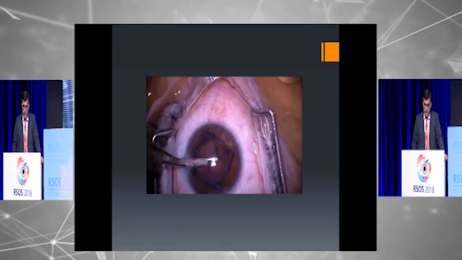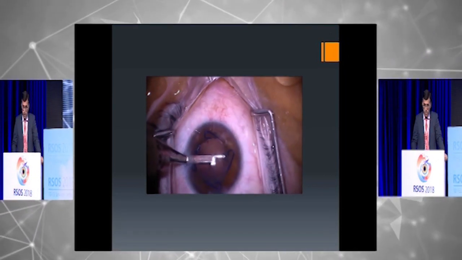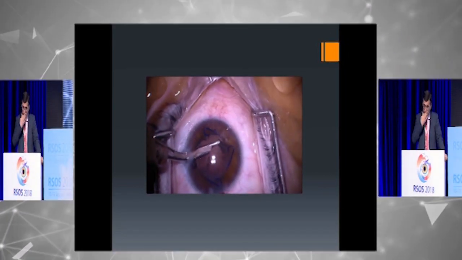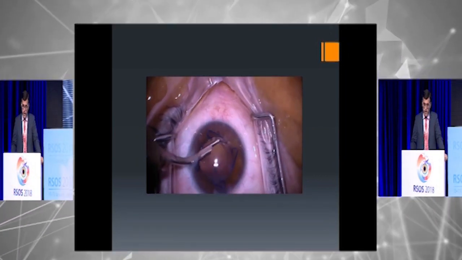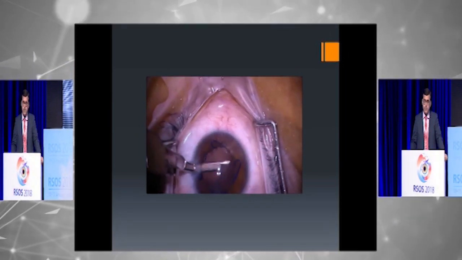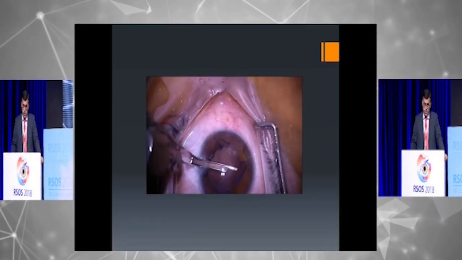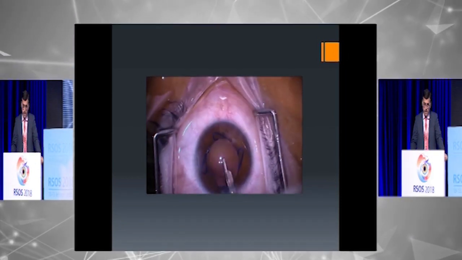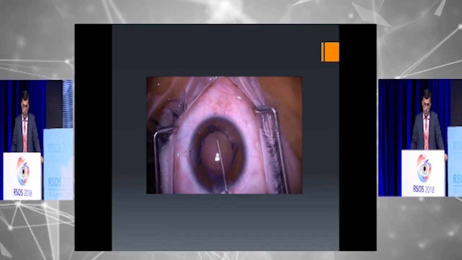After I finish, I remove the cortex. While removing the cortex, I notice that the posterior capsule is floating. I feel there are weak zonules at this time.